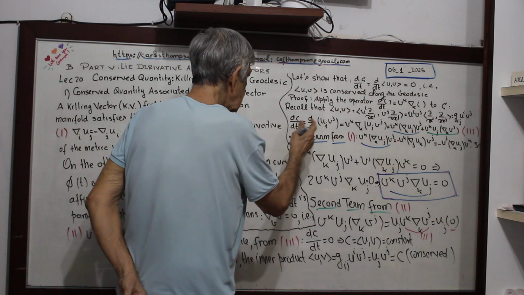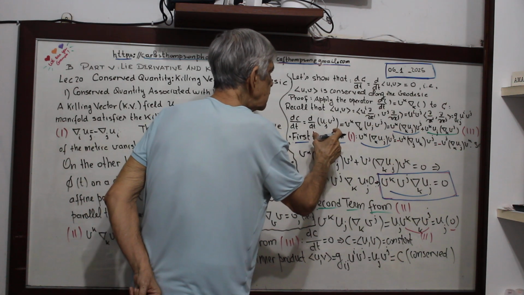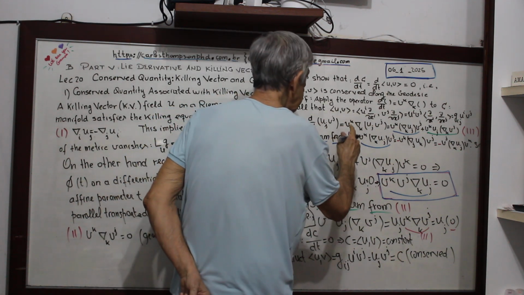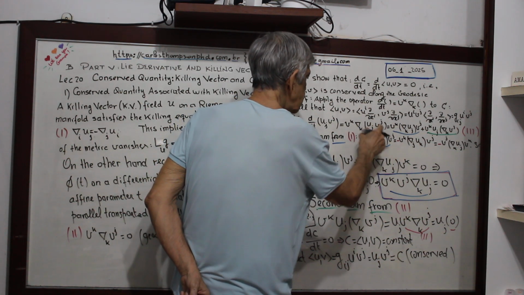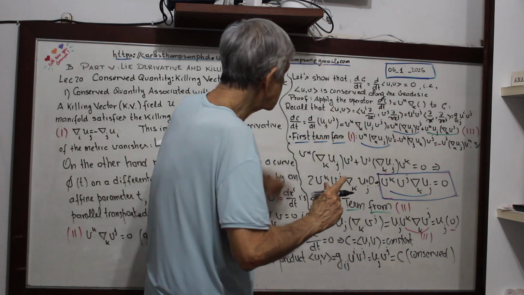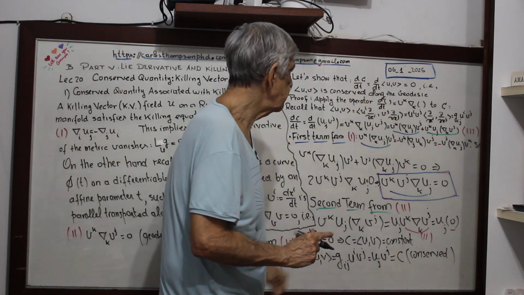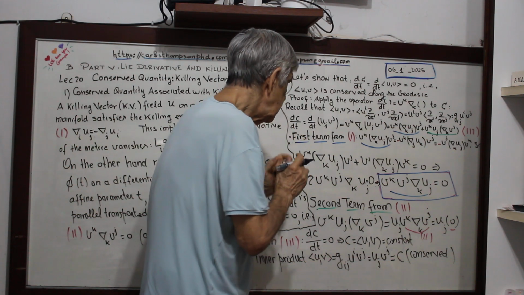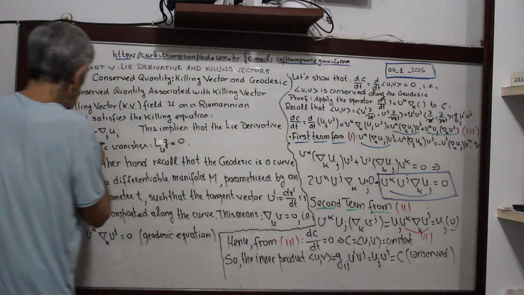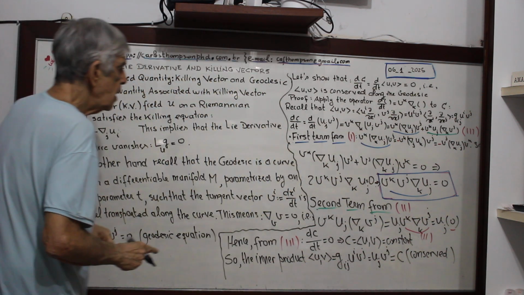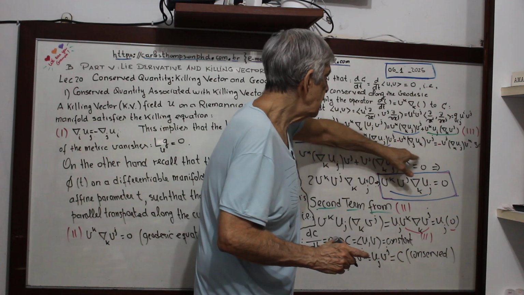Now the derivative of C with respect to t, I develop this over here. This is the same as Vk, covariant derivative, Uj Vj, where UjVj is the inner product. I just substitute the inner product on this blank space. Now let's develop the first term from equation 1. This is skew-symmetric, so you develop this with a minus.